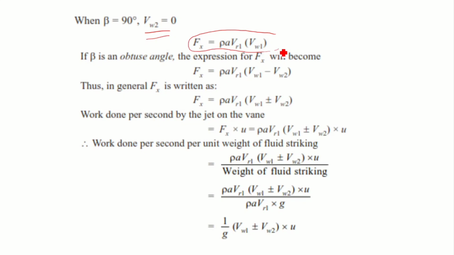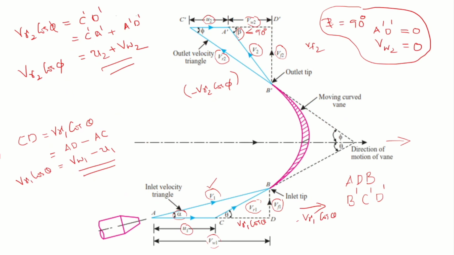So it becomes rho A VR1 into VW1. If beta is an obtuse angle, meaning beta is greater than 90 degrees, then the diagram will be like this. At that time the VW2 term will be positive, in the same direction.